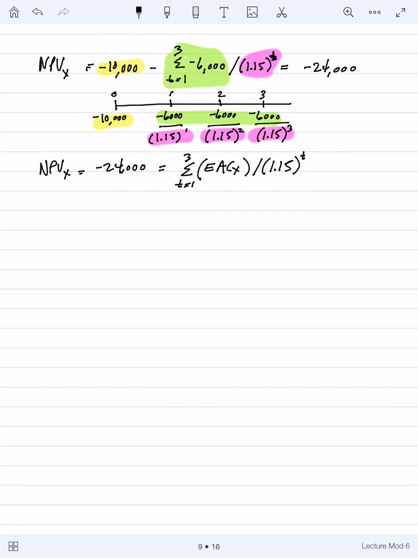And when we solve for the equivalent annuity of the cost of X, that's the same thing we'll say. The 24,000 realized as, right, a net present value is the same thing as a general cash flow outflow of, right, 10,511.